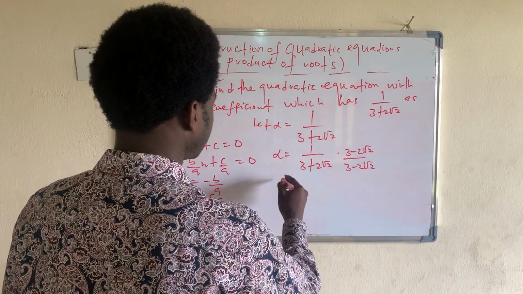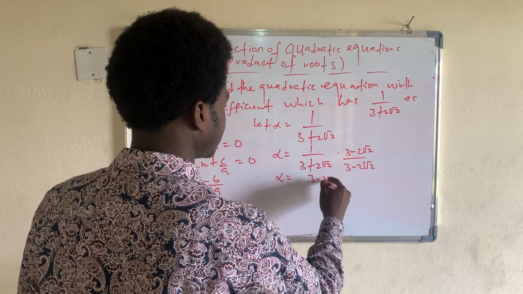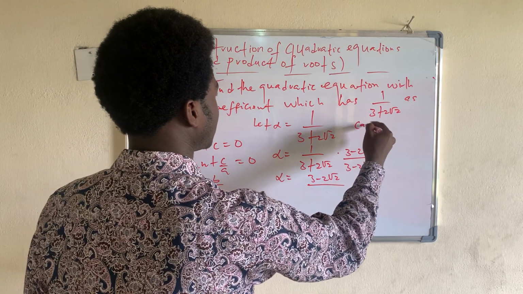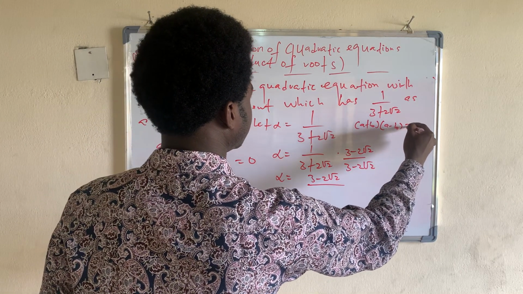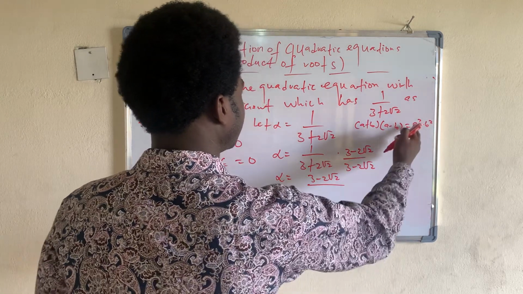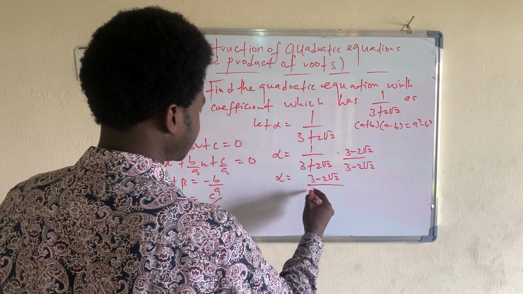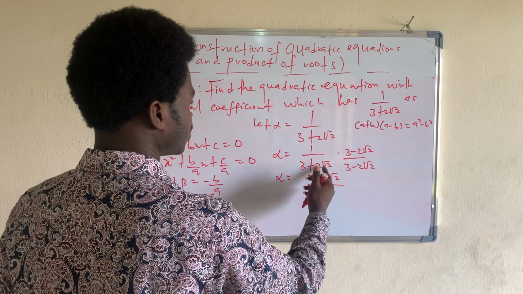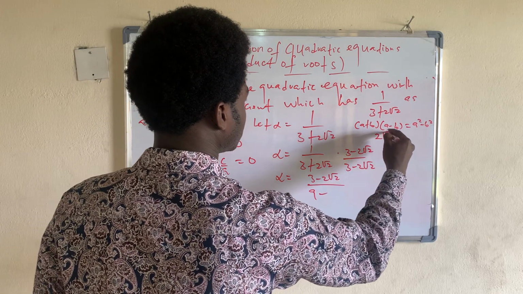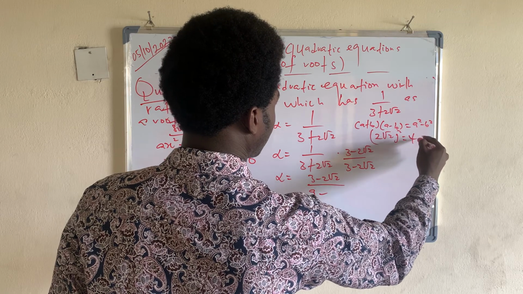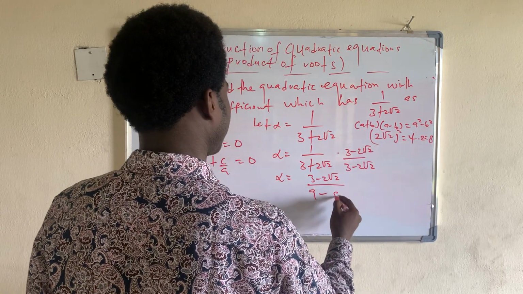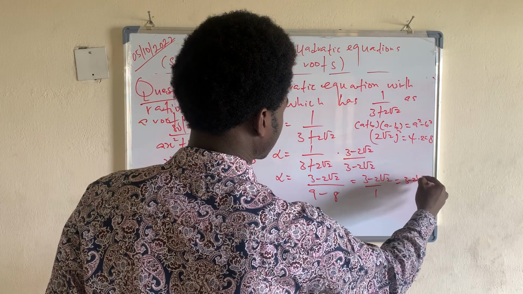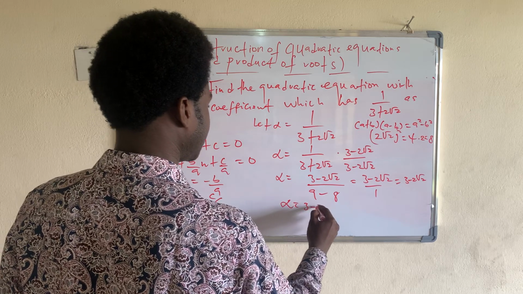So α = (3 − 2√2) over a difference of two squares, just the same as when we have (a + b)(a − b) = a² − b². So I have 3², which is 9, and positive times negative is negative, so √2 times √2 gives 2, and (2√2)² is 4 times 2, which is 8. So the denominator is 9 − 8 = 1, and (3 − 2√2)/1 is 3 − 2√2. So α = 3 − 2√2.